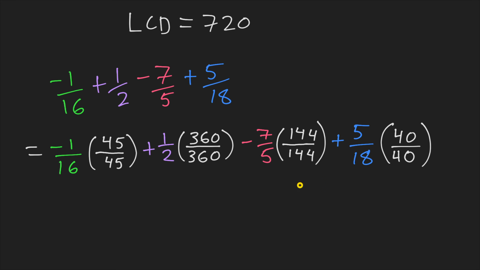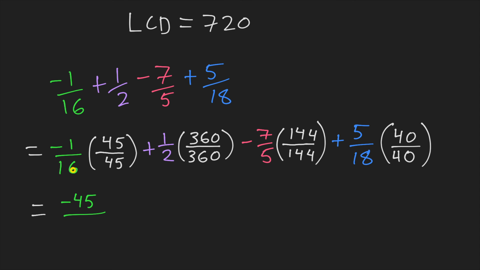Okay, so now let's go ahead and perform the multiplication for every one of these 4 fractions in order to convert these fractions into equivalent fractions, all of which will have a common denominator. In fact, they all have the least common denominator of 720 as their denominator. So for the first one, negative 1 times 45 is just equal to negative 45.